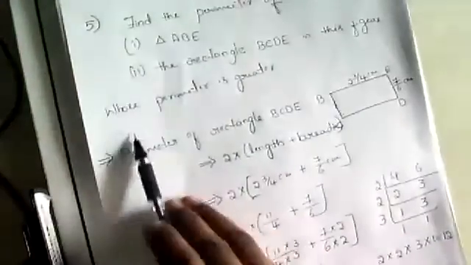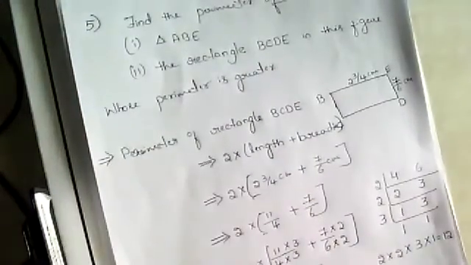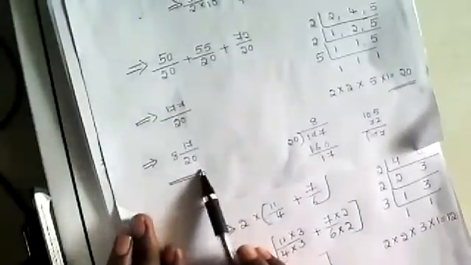Now, we have one more question here. See here. They said, whose perimeter is greater? In yesterday's class, we solved for the triangle, right? The perimeter of a triangle is 8, 17 by 20. And the perimeter of a rectangle is this much.